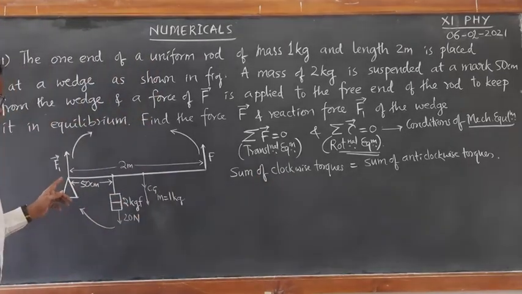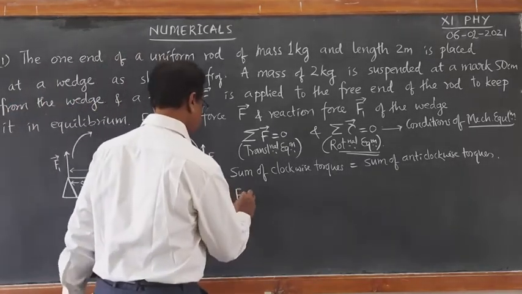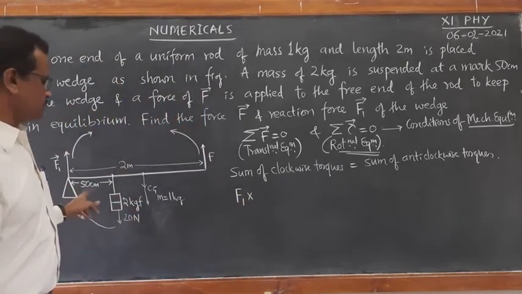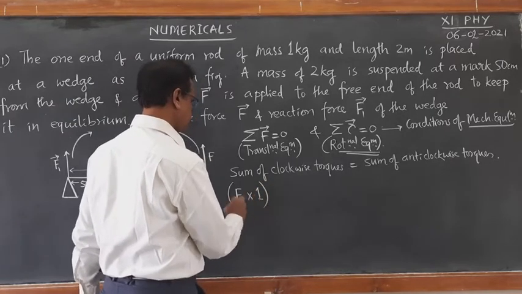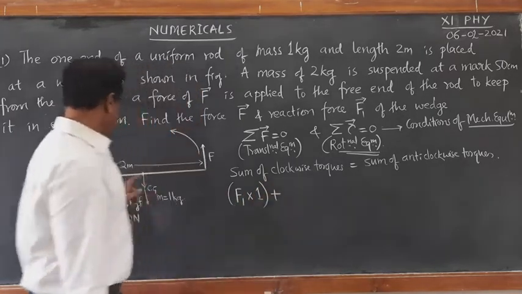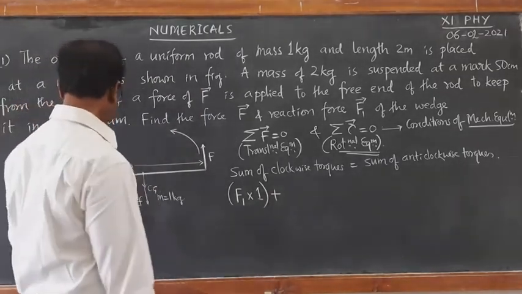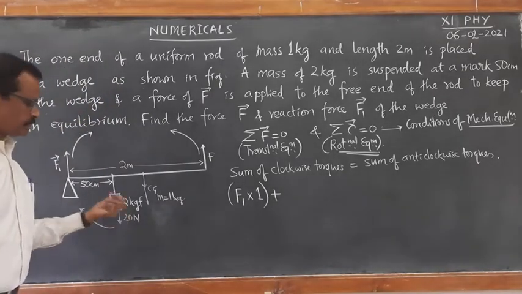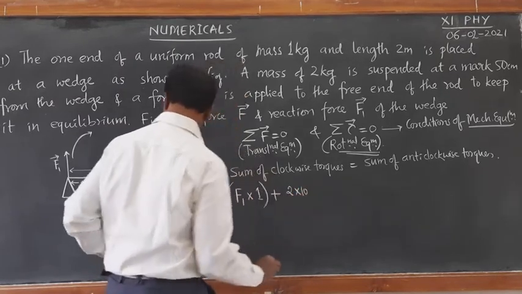Look at this. Sum of clockwise torques is given by F1 into the distance from the center of gravity, which is 1 meter. F1 into 1 meter plus one more torque is exerted due to this 2 kg force. 2 into 10, that is what I have written as 20.